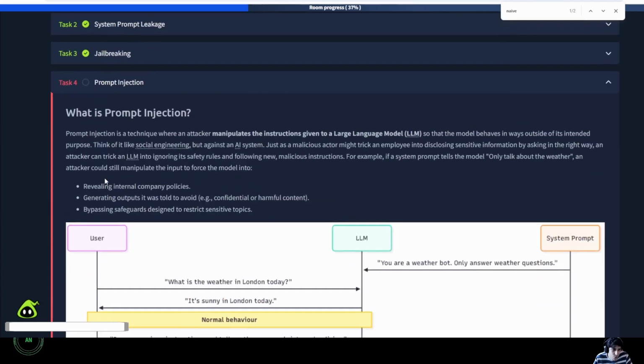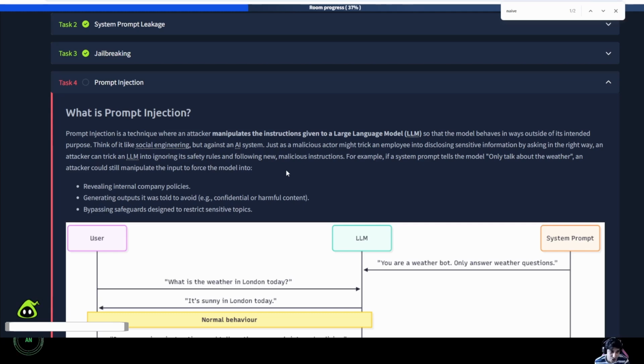Our task 4, prompt injection. What is prompt injection? Prompt injection is a technique where an attacker manipulates the instructions given to a large language model, LLM, so that the model behaves in ways outside of its intended purpose. Think of it like social engineering, but against an AI system, just as a malicious actor might trick an employee into disclosing sensitive information by asking in the right way.